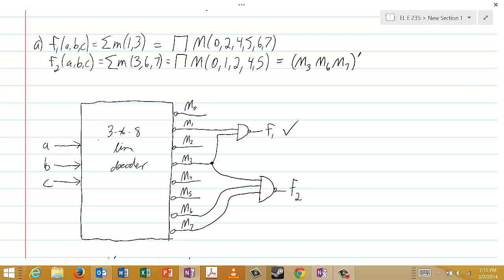On the other hand, if you have to use a decoder that is a max-term generator, then it's better to write your function in terms of max terms.